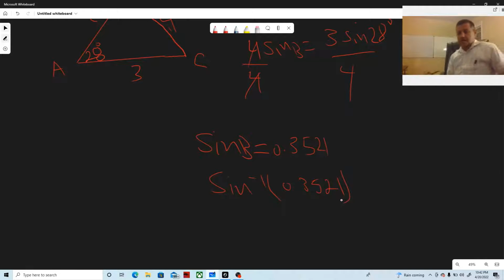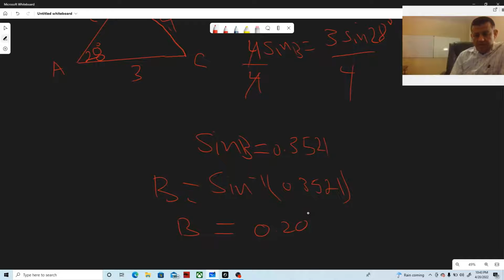Okay, so we take the sine inverse of that and we get about 20 degrees. So B is equal to 20 degrees.